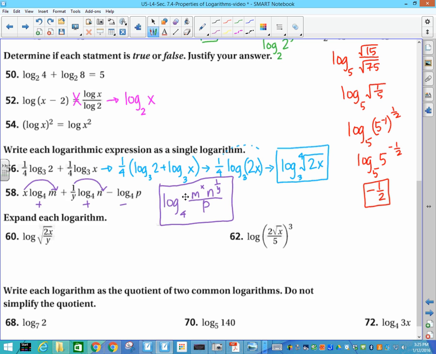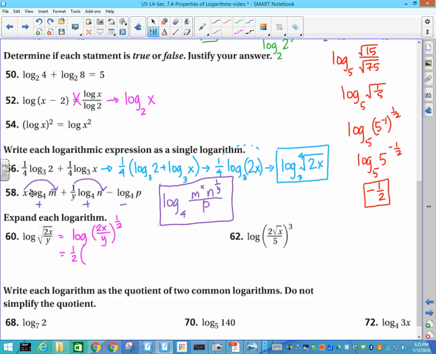Okay, on to number 60. When you get to 60, that's a square root, so you kind of have to go back and forth with those rational exponents that we've done before. So this becomes the log of 2x over y to the 1/2, and that means that can come down front. So that's going to be 1/2 times all of this.